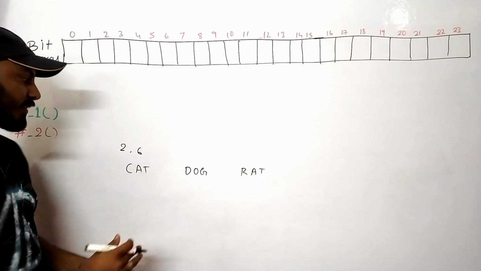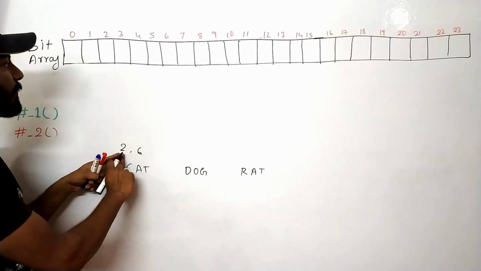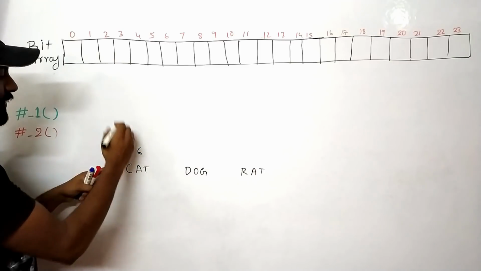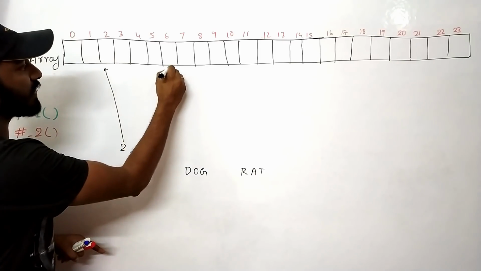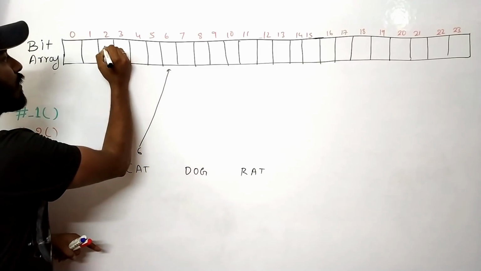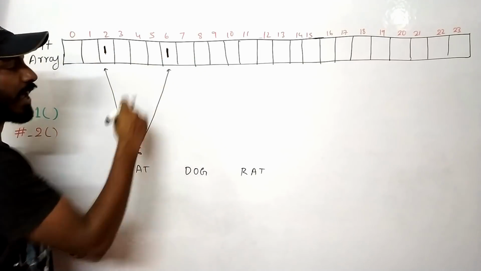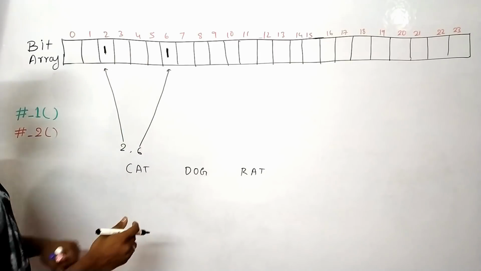Now what we need to do is go to index 2 in the bit array and set that particular index. So I'm going to set these two places to 1.